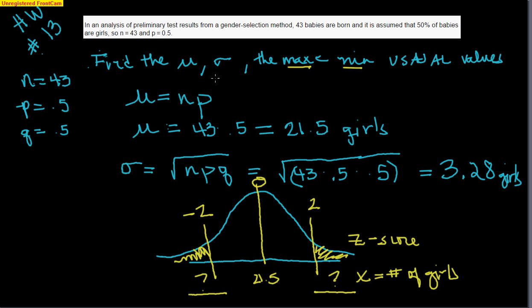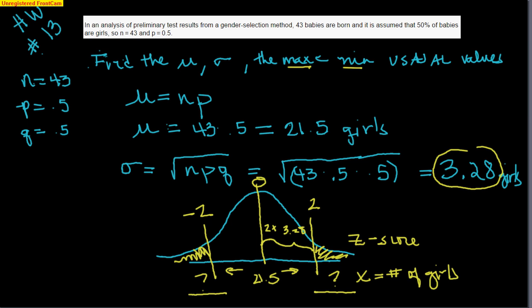Well, we know the standard deviation now is 3.28 girls. So if this is 2 standard deviations away, it's going to be 2 times that 3.28, right? And then we're going to add that to the 21.5 going this way and subtract it from the 21.5 going that way.